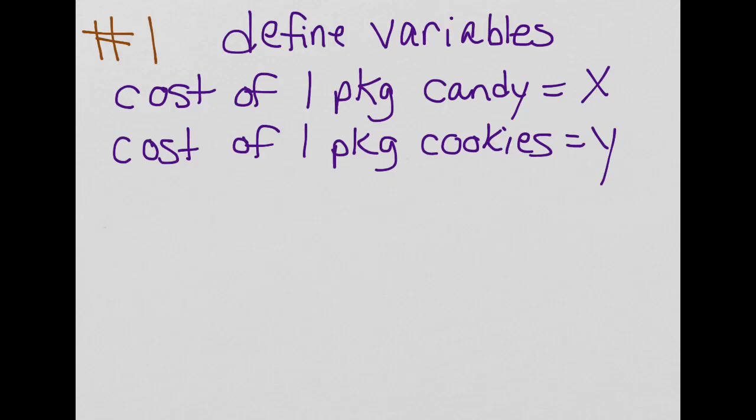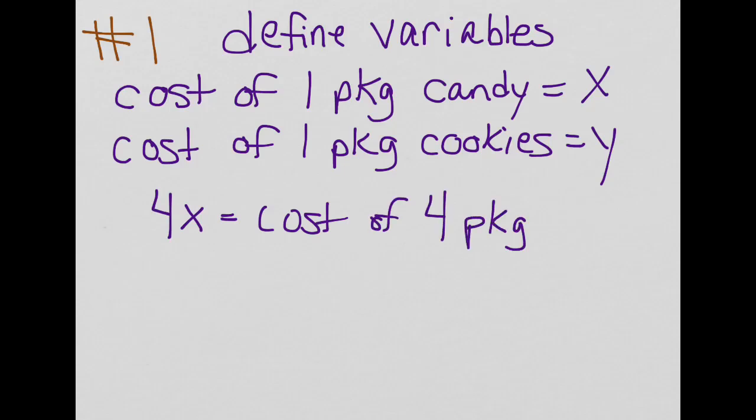So let's write an expression using our variable to just represent the cost of 4 packages of candy bars. Well, if 1 package of candy bars costs x, then 4 packages of candy bars must cost 4x. So 4x would be the cost of 4 packages of candy bars.